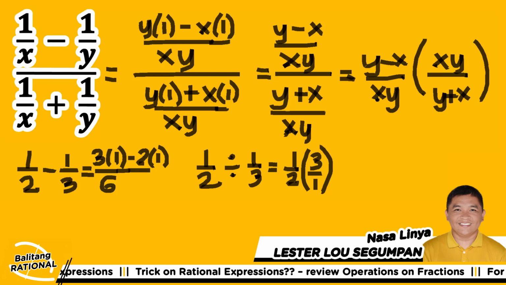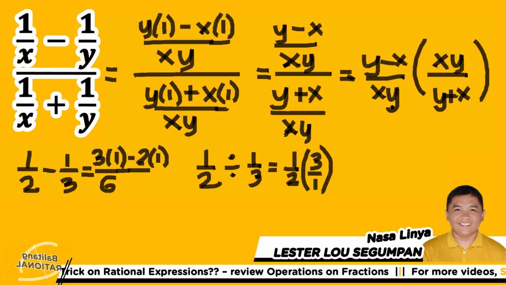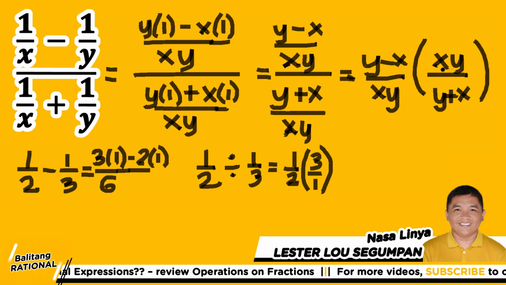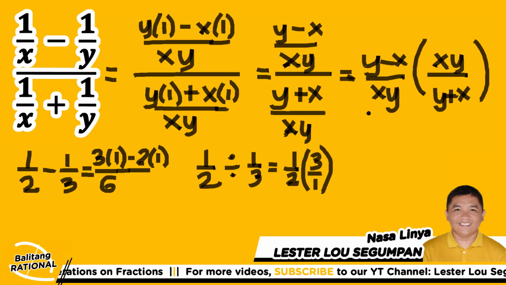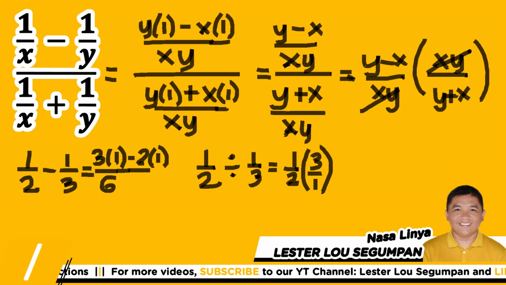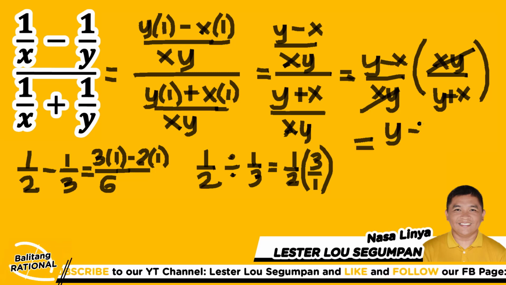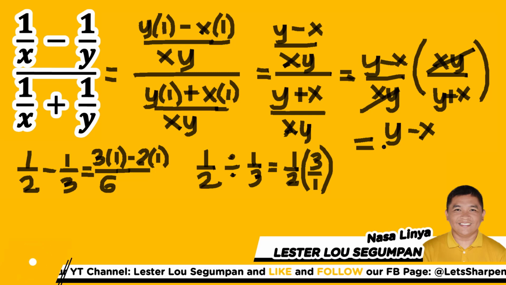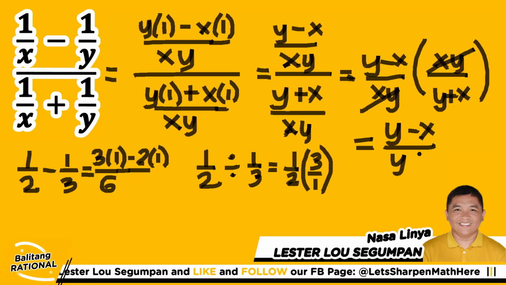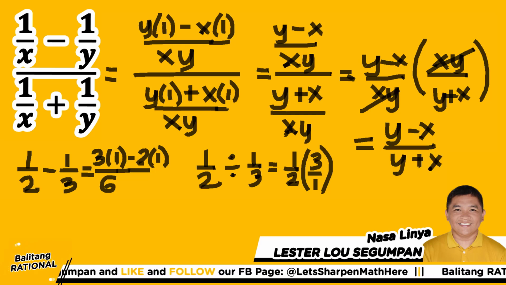So dito, ang mangyayari natin, we can see the presence of xy here and xy as the numerator here as well. So using the cancellation law of multiplication, you could cancel them out, leaving a result which is equal to y minus x over y plus x.